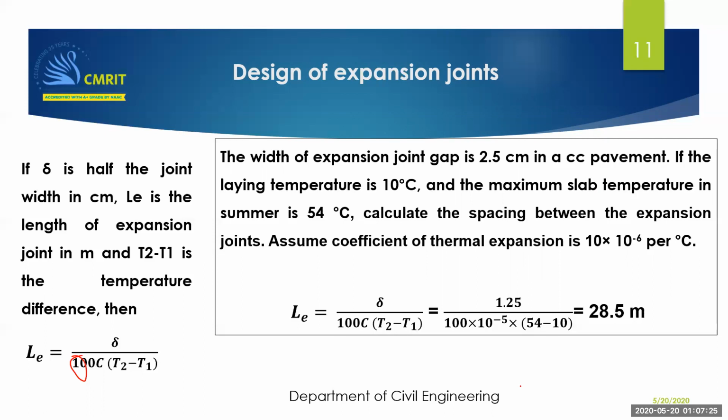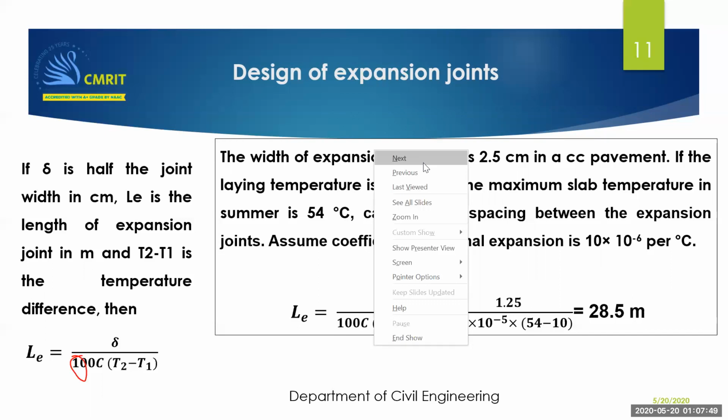And the coefficient of thermal expansion is 10 into 10 to the power of minus 6 per degree Celsius, or 10 to the power of minus 5. Just substitute all these things. You can pause the video and see that the value for LE will be around 28.58. So this is the way in which we do the design of expansion joints.